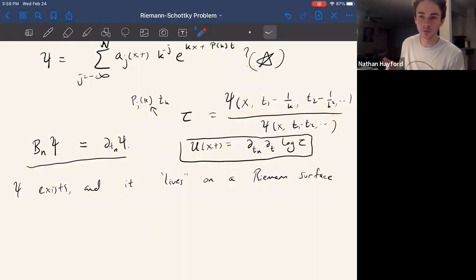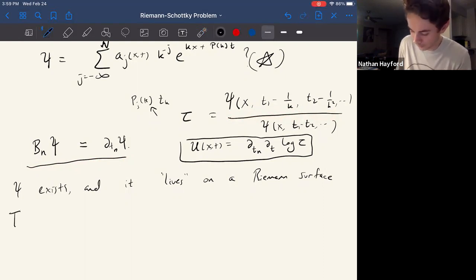And where is it constructed explicitly? Well, this is Krichever's bright idea, to actually realize this on a Riemann surface, because the equations themselves become well-defined equations, and they're uniquely defined because of the condition that this function psi is supposed to be a well-defined object on this Riemann surface. So the theorem of Krichever says the following, and then I think that's it for today.